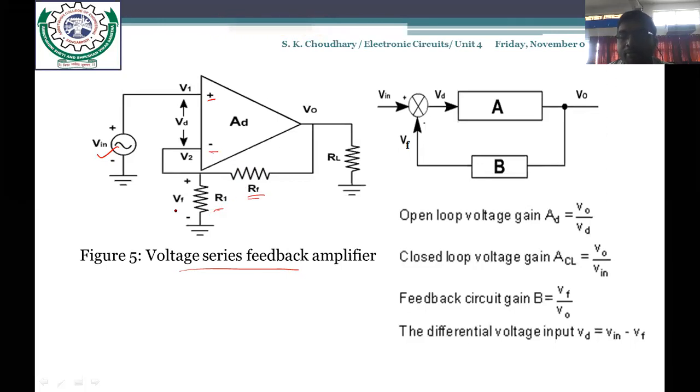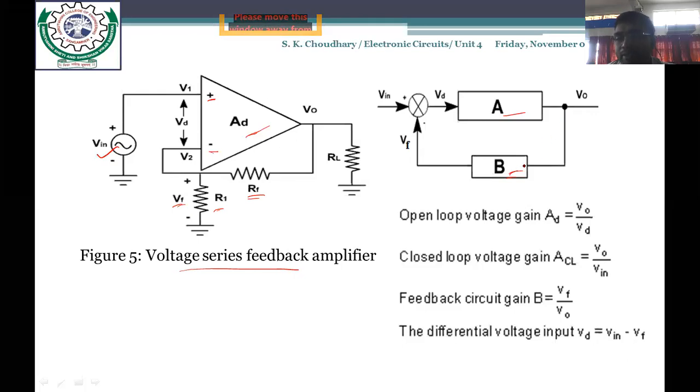This is a two-resistor voltage divider network as shown here, and the voltage drop across R1 is nothing but your feedback voltage. If you want to understand with the help of a block diagram, it is very simple. A represents the gain of the op amp, and B represents the feedback factor of the feedback network that is made with R1 and RF.